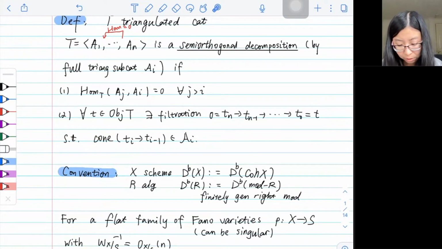In this talk, we'll mostly deal with derived categories, and there are two types of derived categories we'll encounter, so we'll make the following convention.